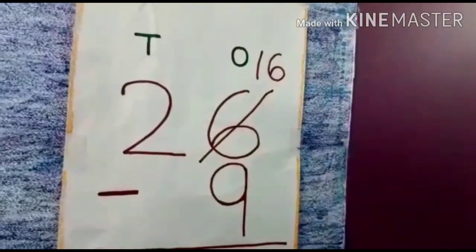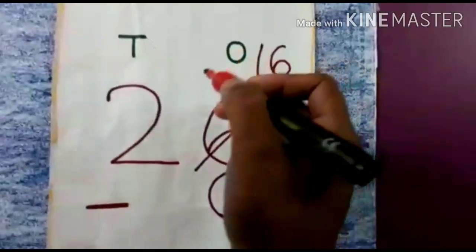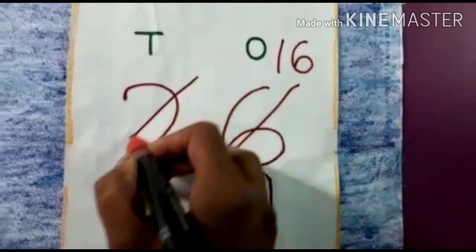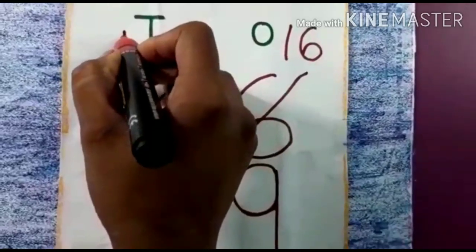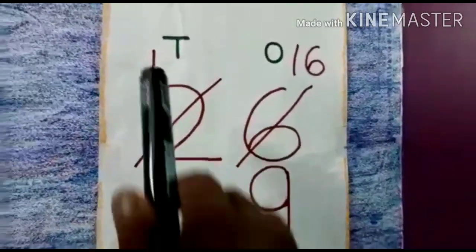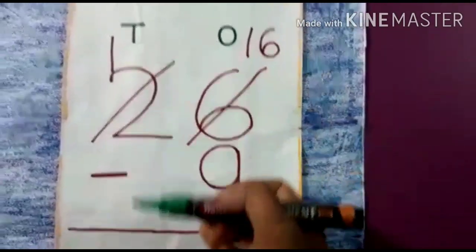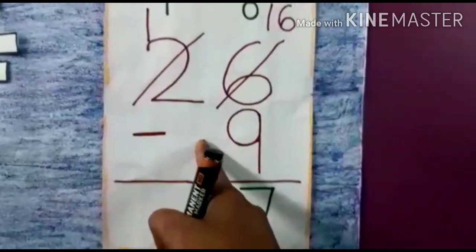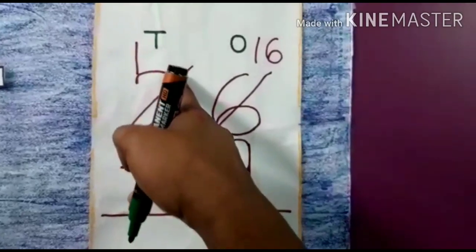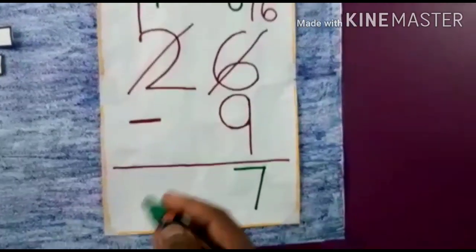So here also I have to correct it by cancelling 2 and writing 1. So 1 ten. Now see, as I have no number below 1, so 1 will come as it is.